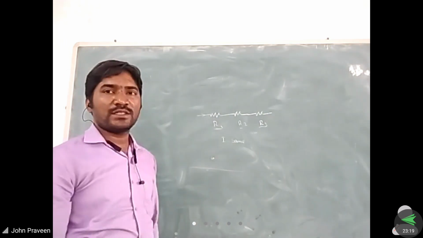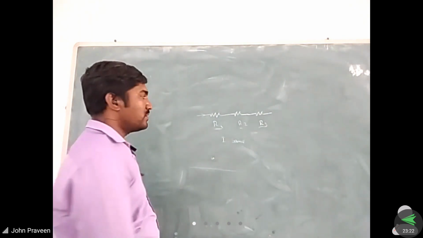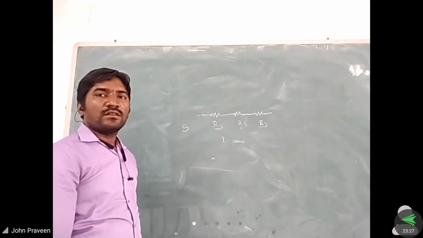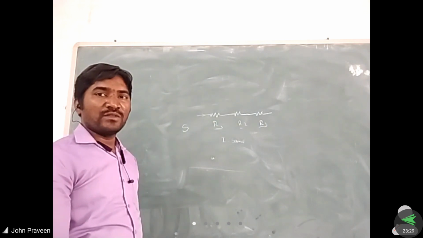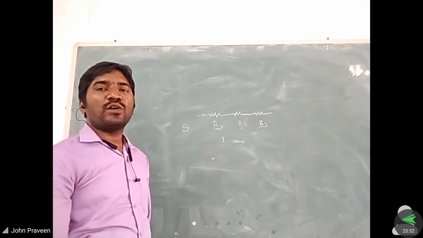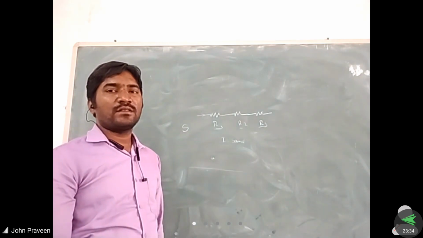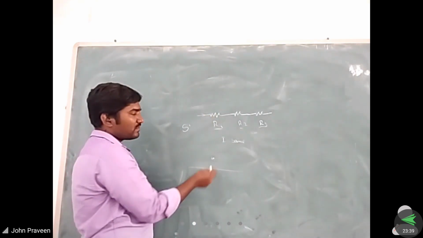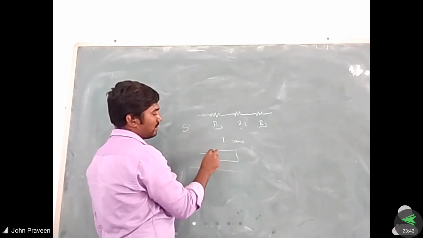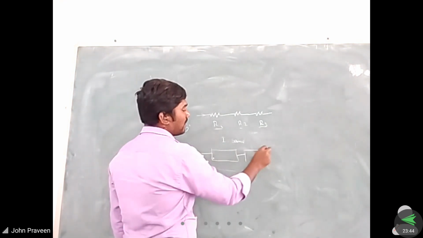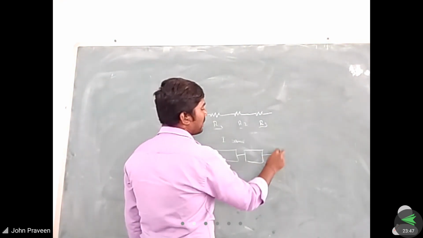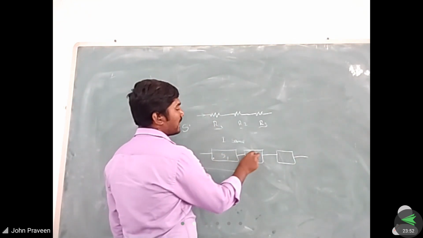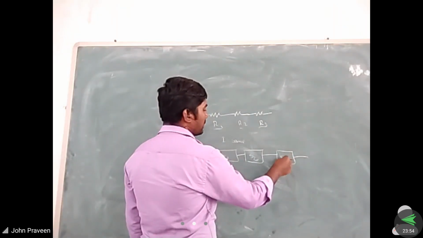Already in the previous derivation I explained that the resistance of the magnetic material is called reluctance, and it is denoted by S. For example, instead of resistors, we take magnetic materials, with reluctances S1, S2, S3.